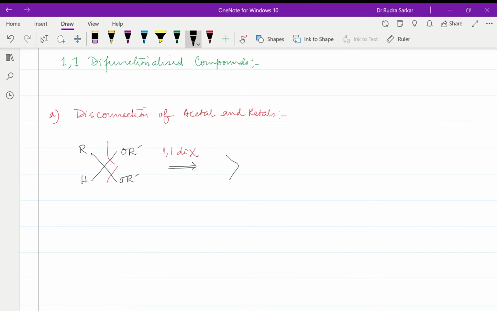So over here we are basically going to generate, after this heterolytic cleavage, a dipositive synthon, along with that an alkoxide like this, for which the reagents, if we want to generate, we will just add a proton and that will give us two molecules of alcohol.